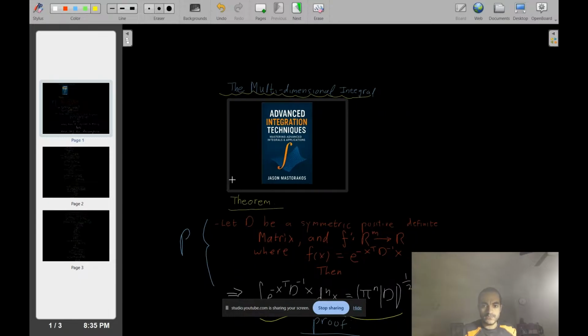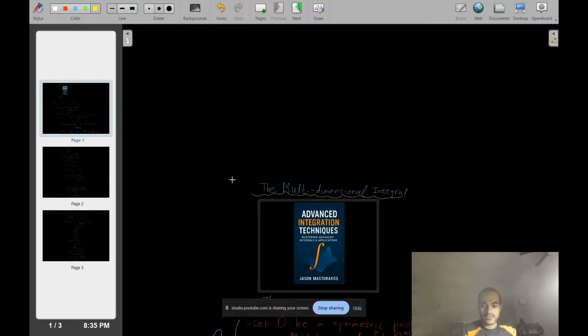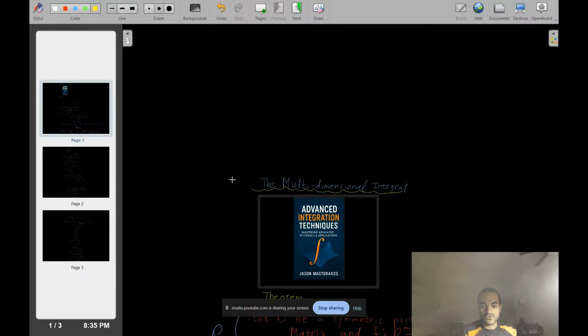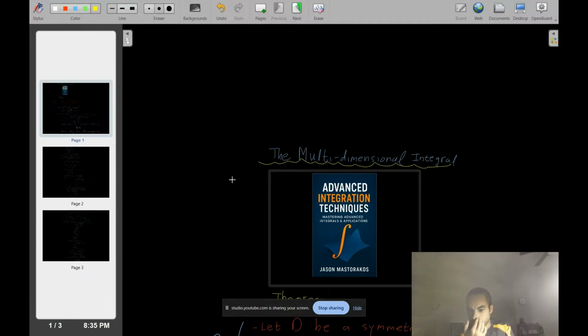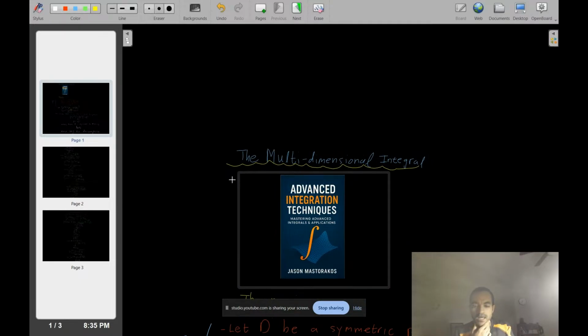Okay, so what we're going to look at is the multidimensional integral. If you can look here, this is the cover of my book. It's a multidimensional integral. I already discussed this in an actual video, but that's not a live chat. Here we can go back and forth.